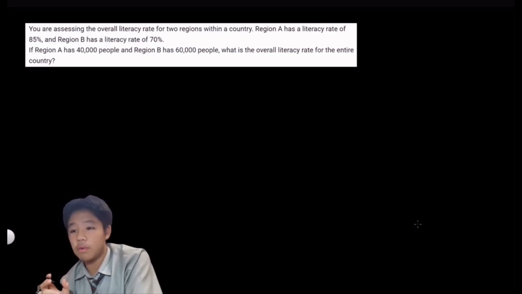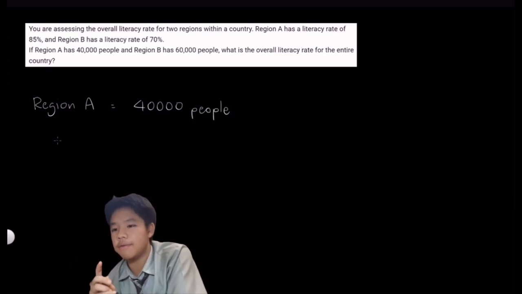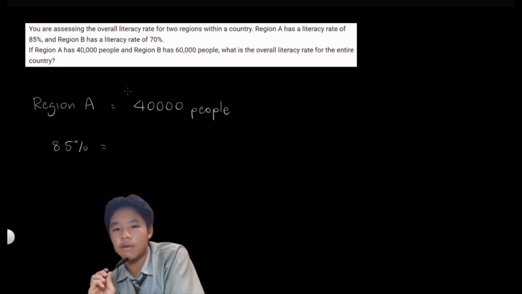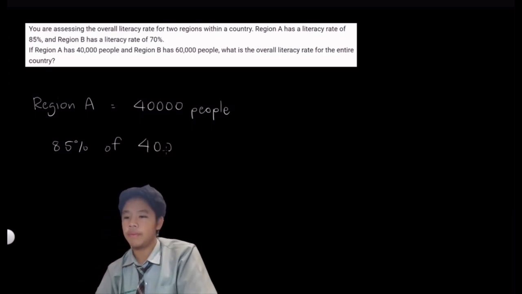Now this question is relatively simple, so the first step that you have to do is calculate Region A's literacy rate, then we're going to calculate Region B's literacy rate. So first of all, Region A, it says here that Region A has 40,000 people, and we're going to have to find out 85% of 40,000, which shouldn't be an issue.